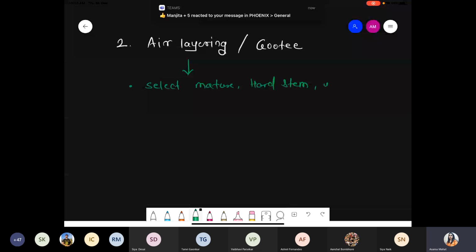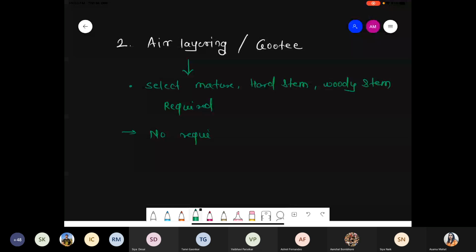The hard stem, or simply the woody stem, is required. Okay, so it is a simple technique.